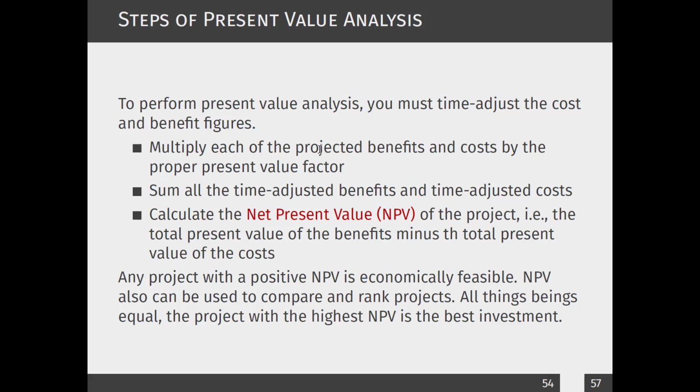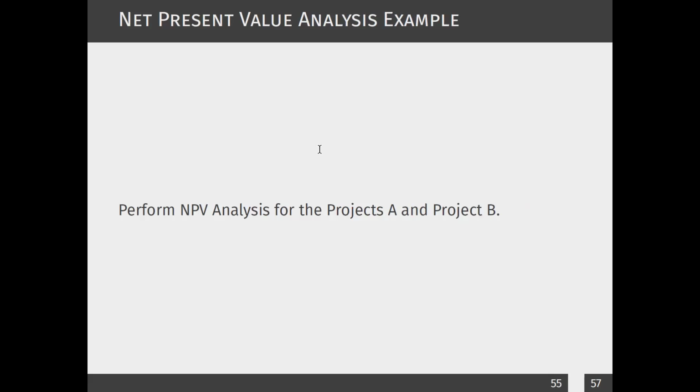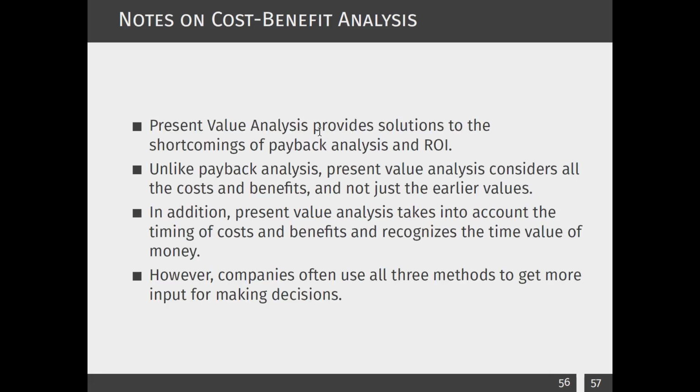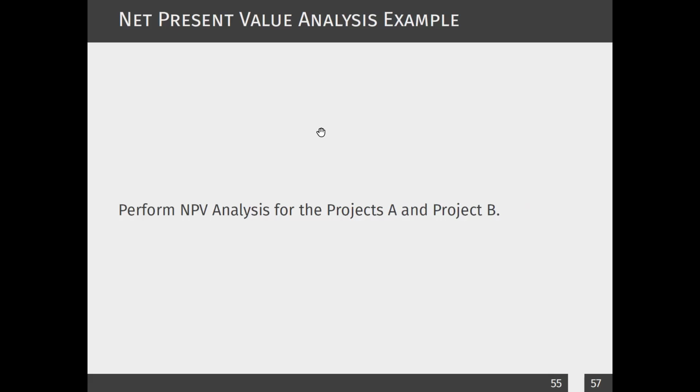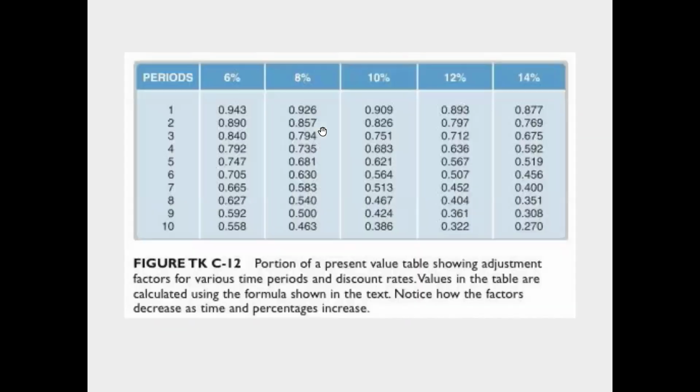Now that we have understood the idea, let's perform net present value analysis for project A and project B. First of all, I want to take some screenshots of this. Take the screenshot of this one.